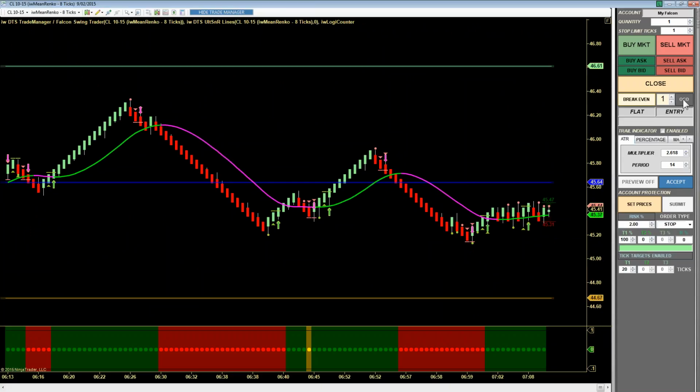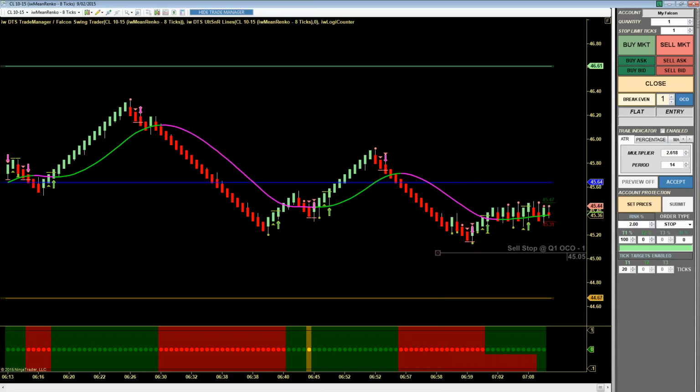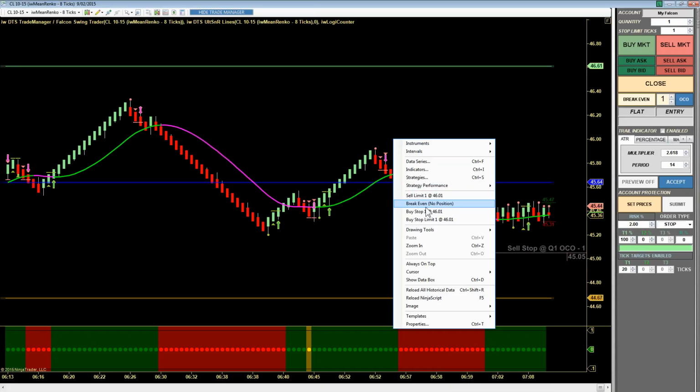And what I would consider doing here is using an OCO order and bracketing this trade so that we sell below the bottom of the range, buy above the top.